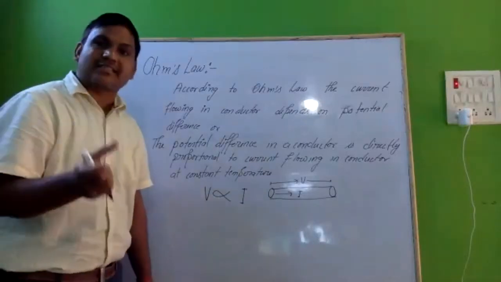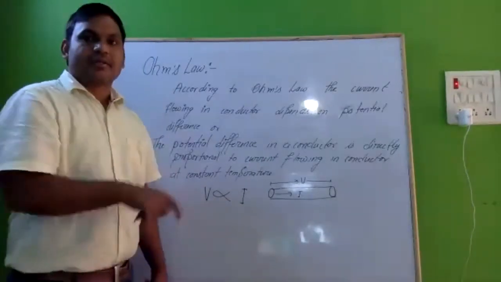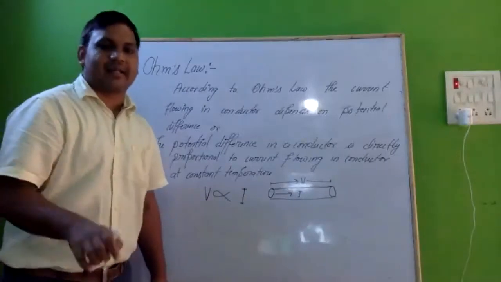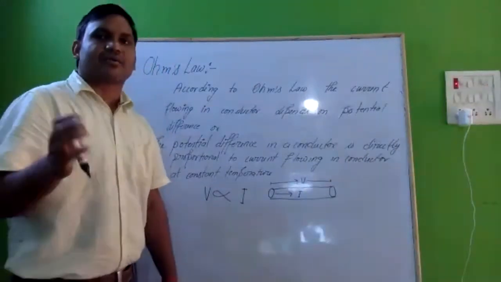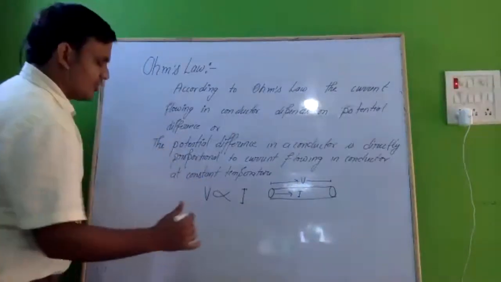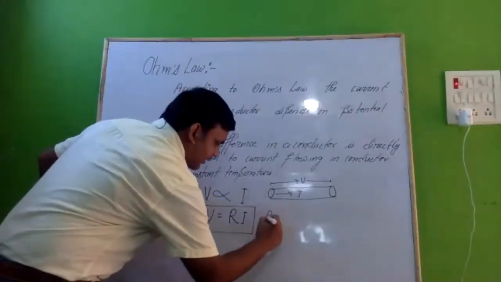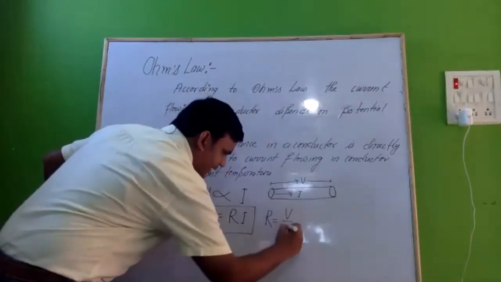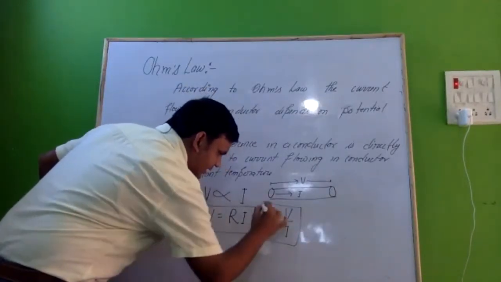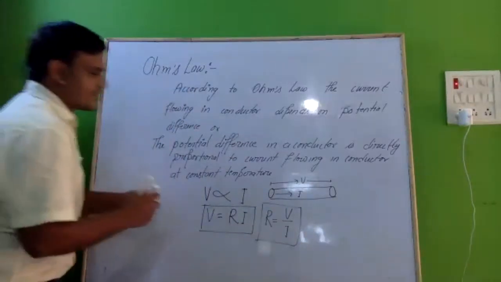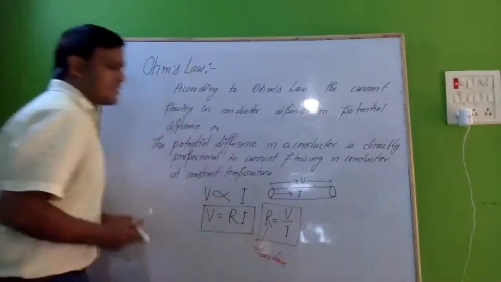So this proportionality sign should be removed. For removing this proportionality sign, we just add a constant. So this can be written as V is equal to R into I. So this R becomes V by I. This R is your resistance.